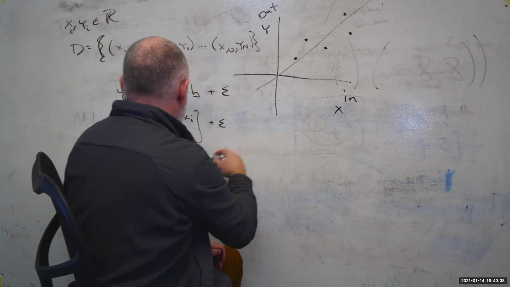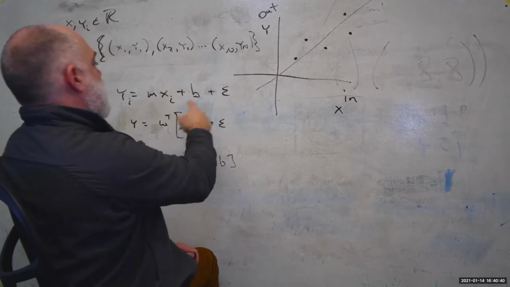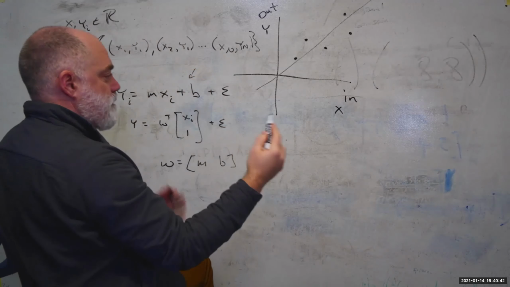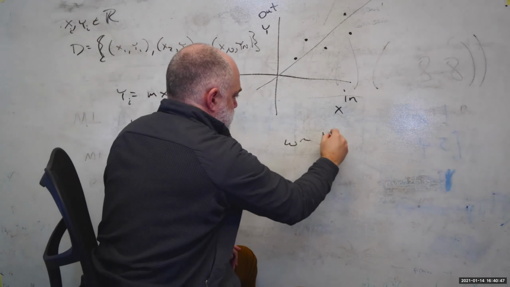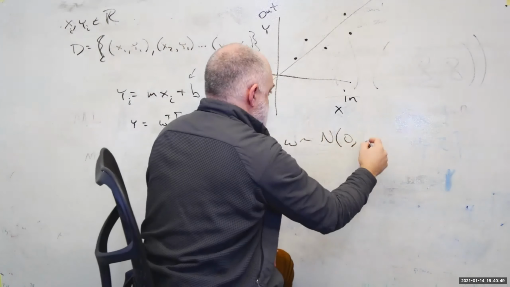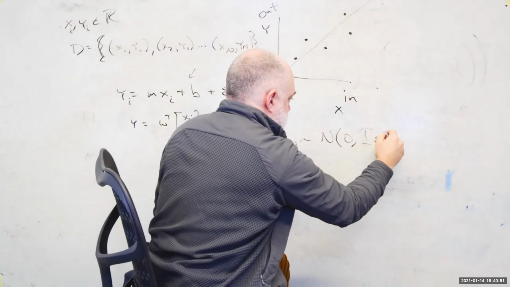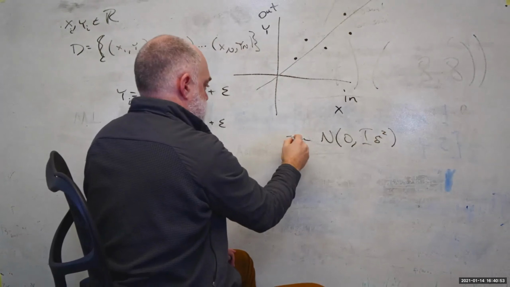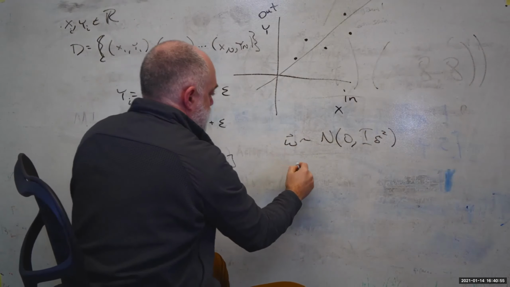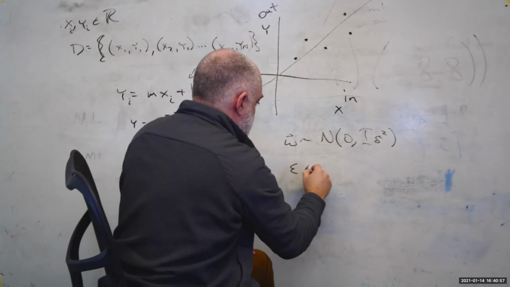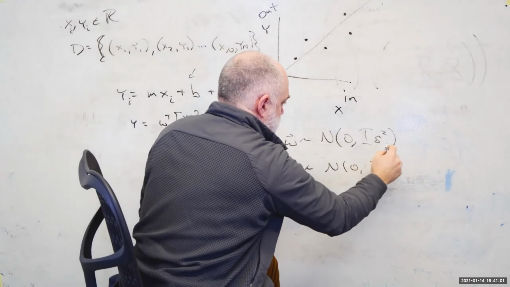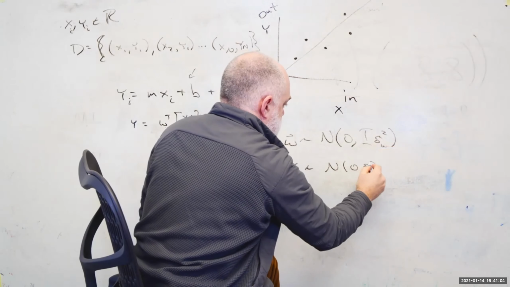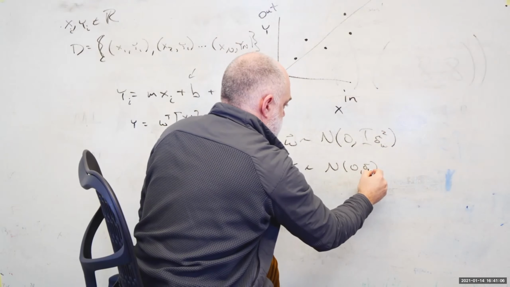So we can write down a generative model now for the mathematical object that we're interested in. We can say that W comes from some normal distribution with I sigma squared, something like that. This is a vector. Epsilon comes from, for instance, normal 0, sigma epsilon squared.